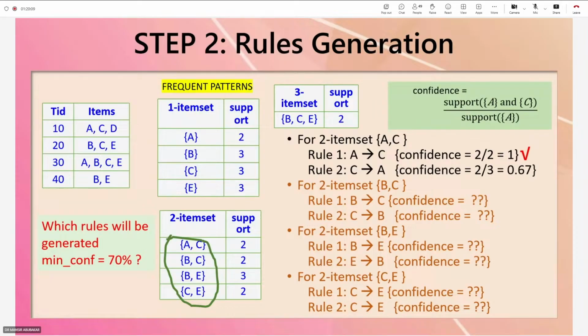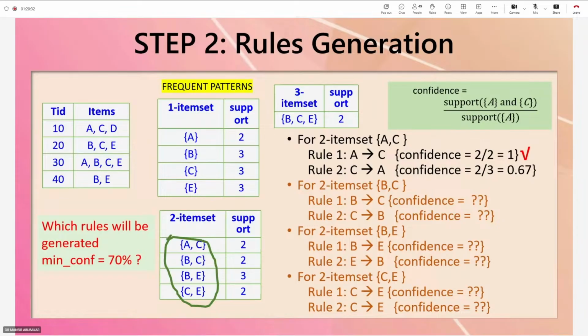So it is simple. Maybe we can leave this one for you to try. Sit down at a later time, follow the rule, and for item sets B and C, find out the rule B implies C. Just follow the same method as we did here, and find out the confidence. Does this satisfy the minimum?